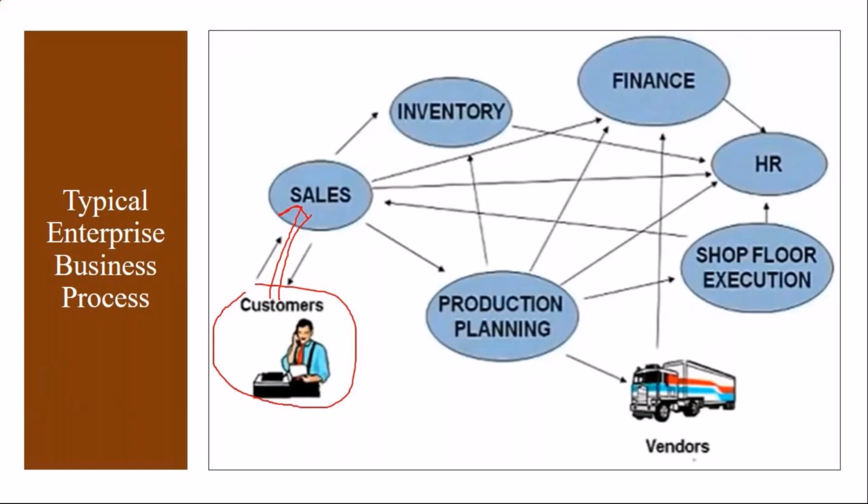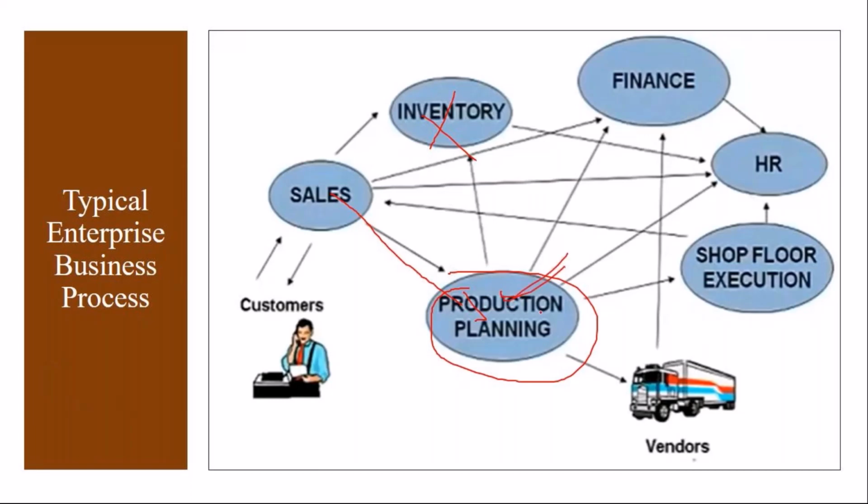Then the sales department approaches the inventory department to check the availability of the product first. If the product is out of stock, the sales team will approach the production planning department to manufacture the product.